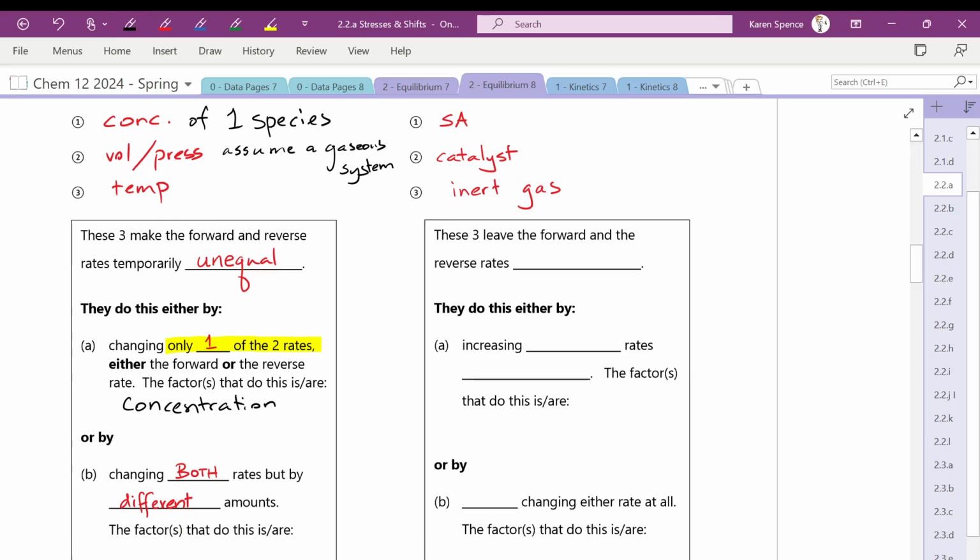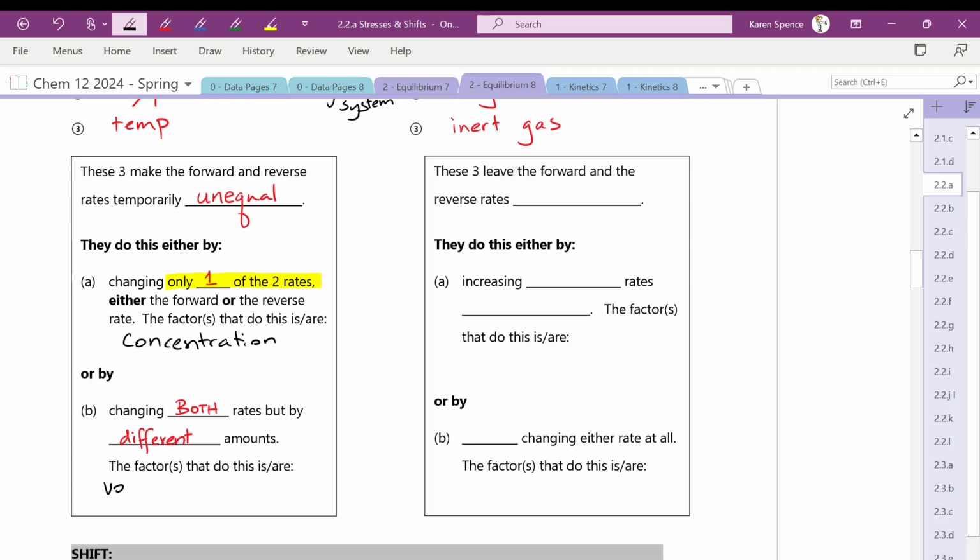We'll be changing both. So volume pressure changes both rates. And how about temperature? Both.